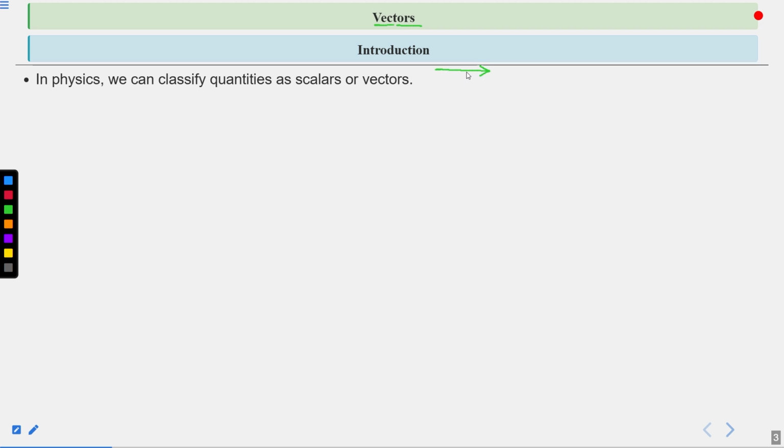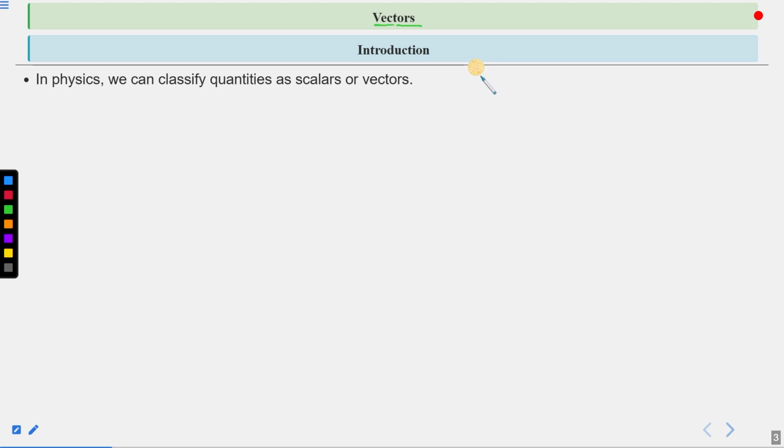The length of the arrow is the magnitude, and this sign indicates the direction. So the part from here to here is the length and this shows the direction.